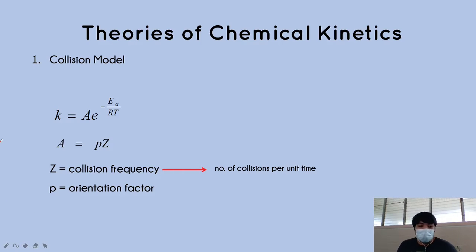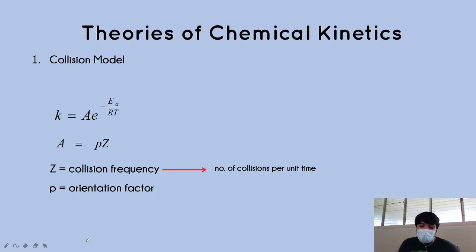Now, if you increase the collision frequency, this will also increase the frequency factor, or sometimes they call it the Arrhenius constant. In turn, if you increase the value of the frequency factor, this will also increase your rate constant, and at the same time, it will increase the rate of the reaction.